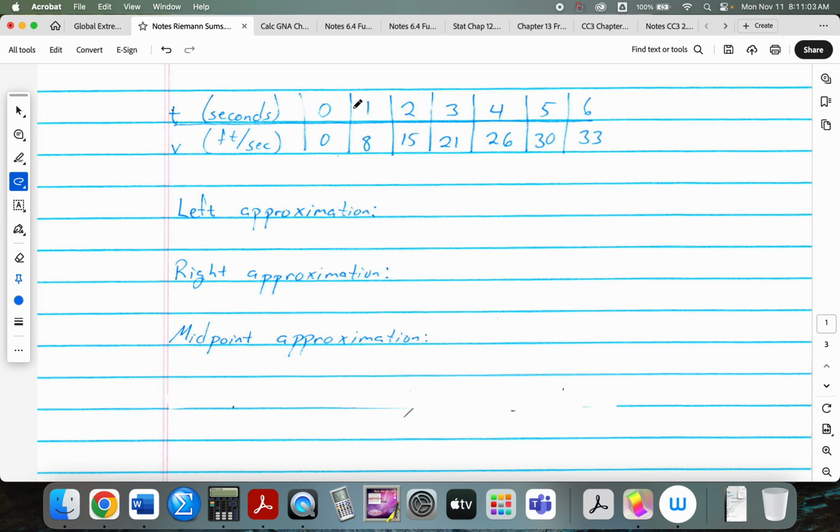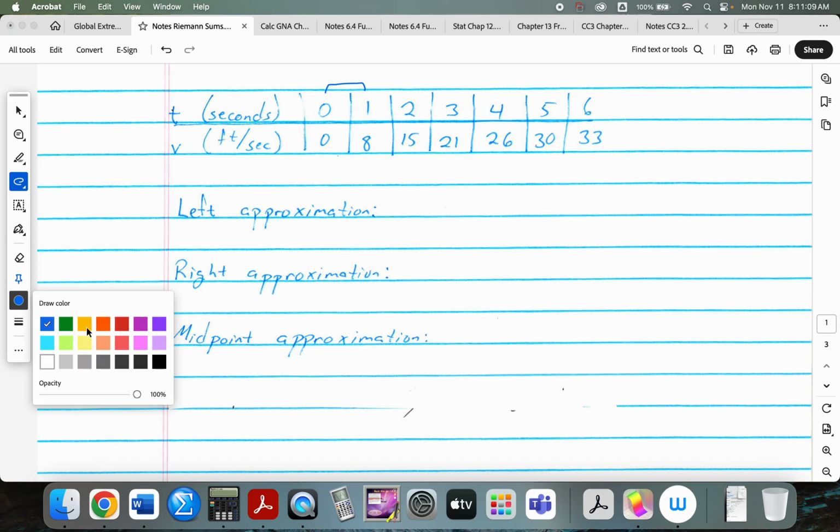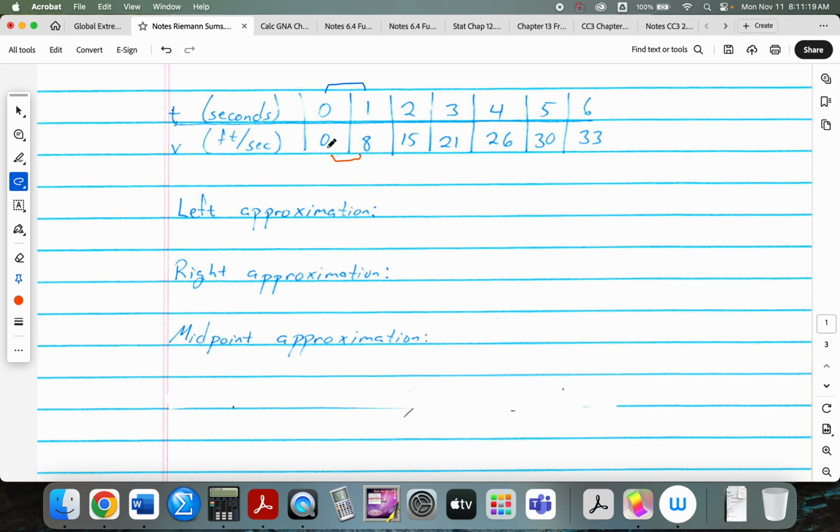So for a left approximation, we're going to look at this very first subinterval, and on that subinterval from 0 to 1, if I want a left approximation, I'm going to take the left velocity and assume that that's how fast it's going for that whole second.